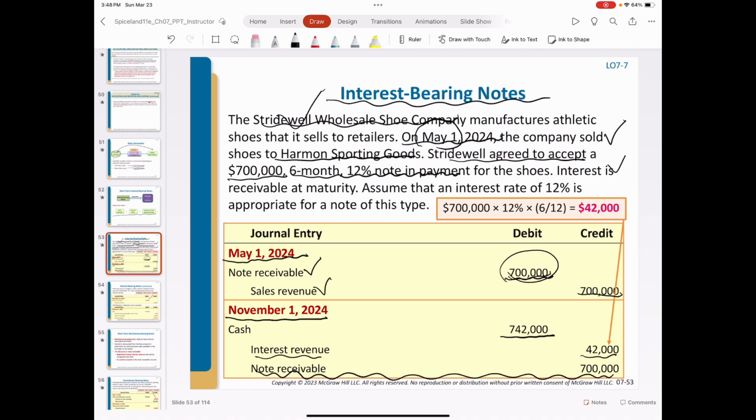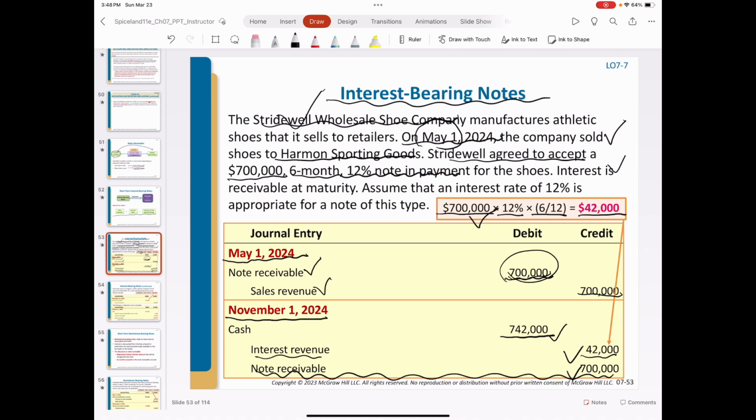The interest was calculated using this formula: $700,000 multiplied by the annual rate. This is half-year interest, so the half-year interest is $42,000. So the customer makes the payment on November 1st for $742,000. It includes the principal plus the 6 months interest.